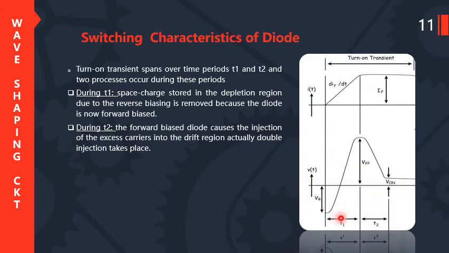Here we have time period t1 and here we have time period t2. During t1 one process occurs and during t2 another process occurs. During t1, space charge stored in the depletion region due to the reverse biasing is removed because the diode is now forward biased. So in t1 this process happens. Second, during t2, the forward biased diode causes the injection of excess carriers into the drift region; actually double injection takes place.